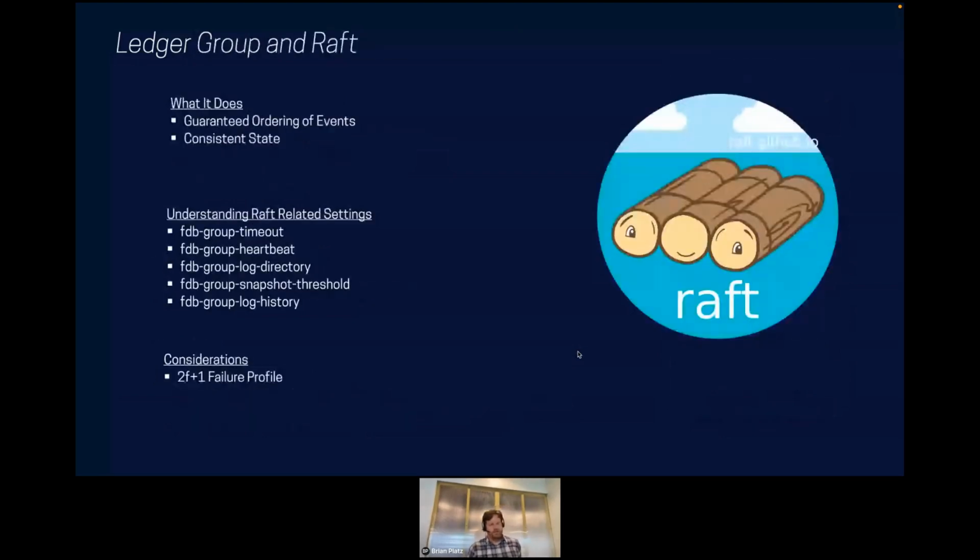Okay, so before I jump to talk about the query services, I'll spend a minute here talking about running ledger groups in the Raft consensus protocol. If you set up a ledger group, it is going to automatically communicate amongst the servers in that ledger group with Raft. Raft is a pretty well-known protocol.